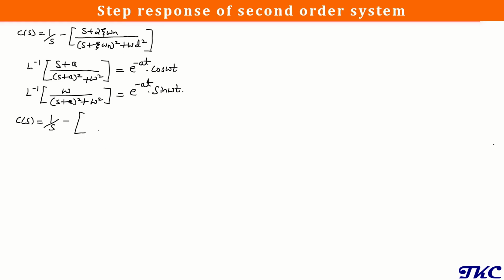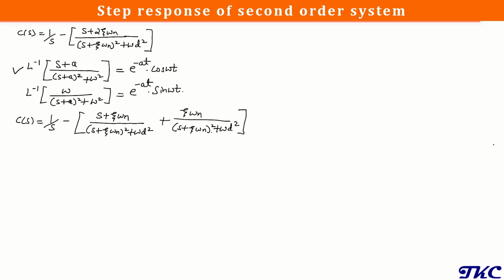So we will have s plus zeta omega n as one term divided by s plus zeta omega n the whole square plus omega d square, plus zeta omega n divided by again the same denominator, s plus zeta omega n the whole square plus omega d square. Now here we can see that this term is the same as this term. So we can apply this property in order to get the inverse Laplace of this term.